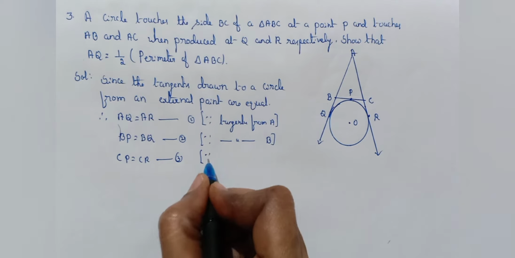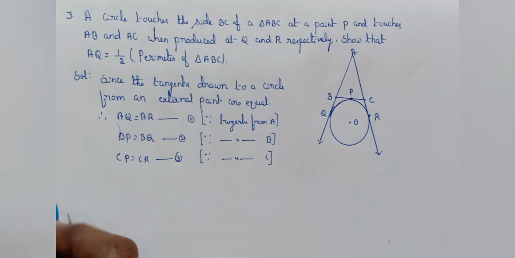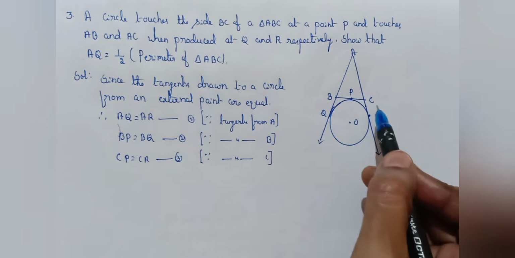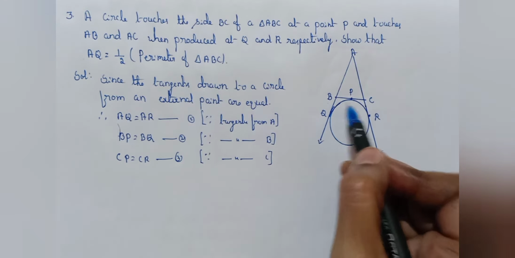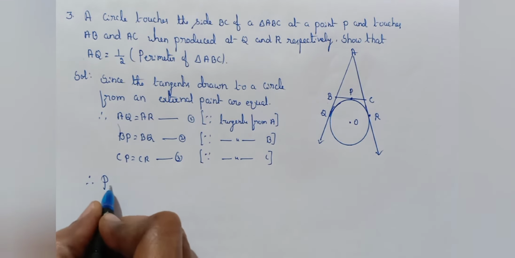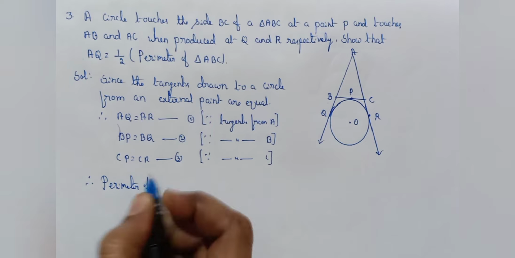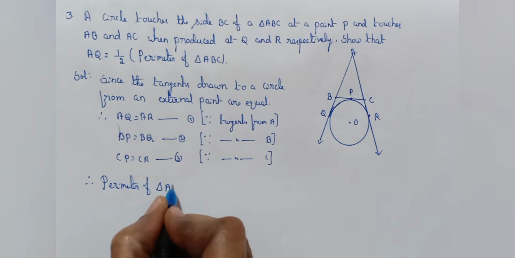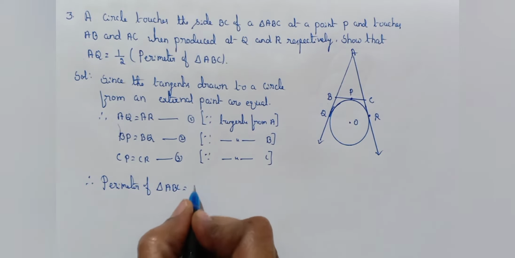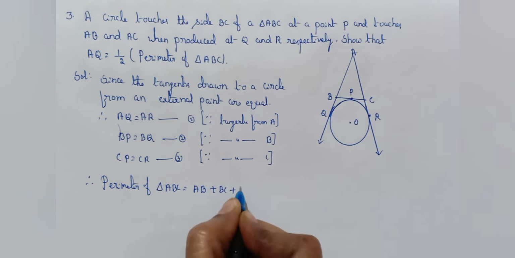Now, the perimeter of the triangle ABC is AB plus BC plus AC. Therefore, perimeter of triangle ABC is AB plus BC plus CA.